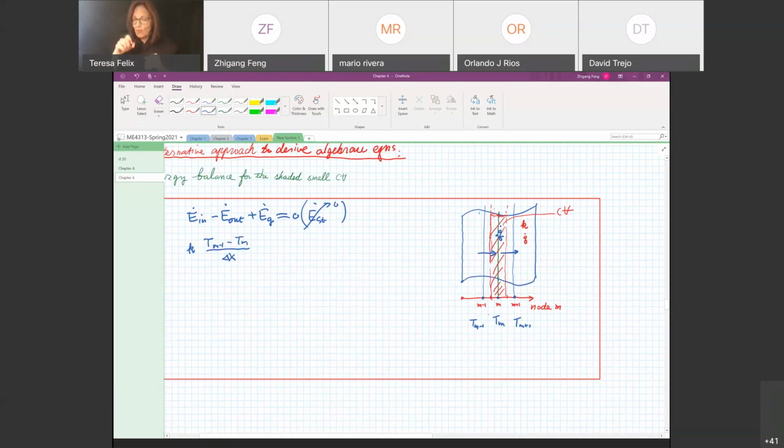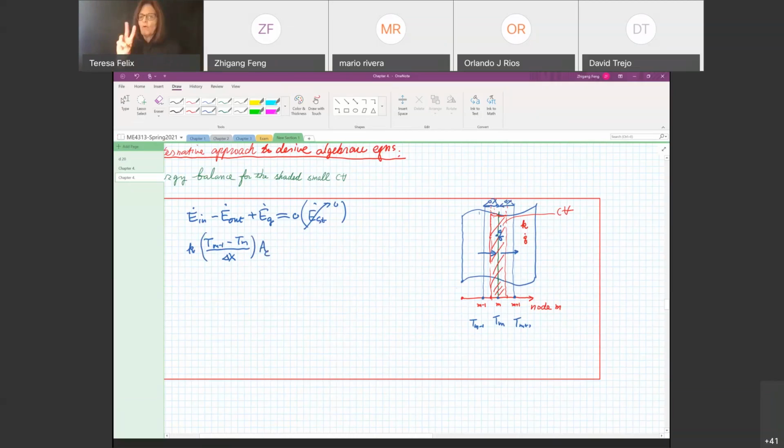We use delta x, so delta x is the distance between two adjacent node points. So K multiplied by delta T over delta x, that's the heat flux, multiplied by the area. Let's use A sub C, the cross-section area. So that's the heat transfer rate into the control volume.